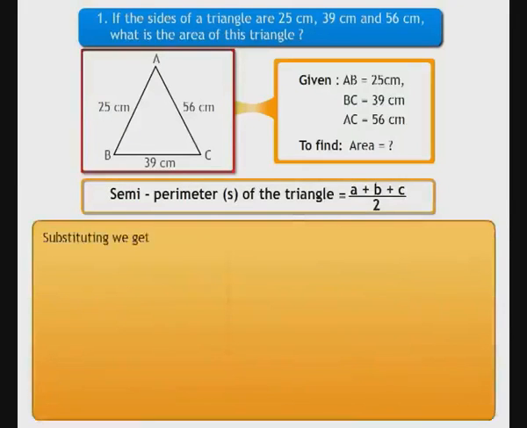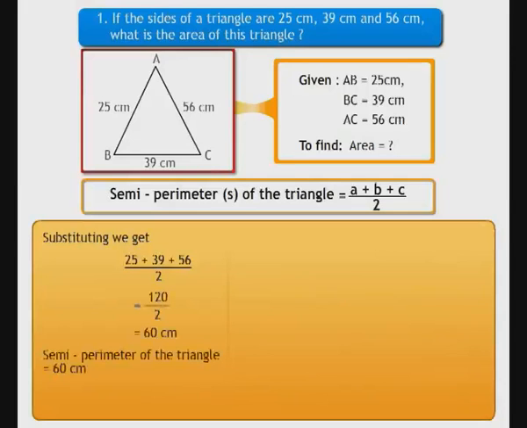Area of the triangle is equal to square root of the whole semi-perimeter into semi-perimeter minus A into semi-perimeter minus B into semi-perimeter minus C. Substituting, we get square root 66 into 66 minus 11 into 66 minus 61 into 66 minus 60, which is equal to square root 66 into 55 into 5 into 6.